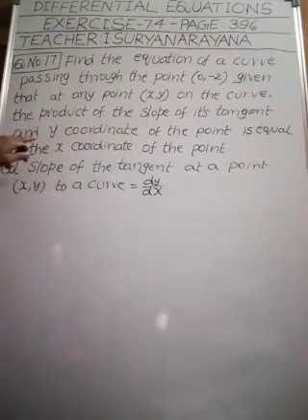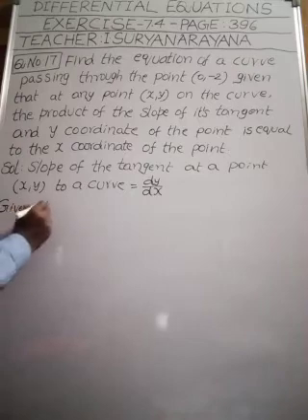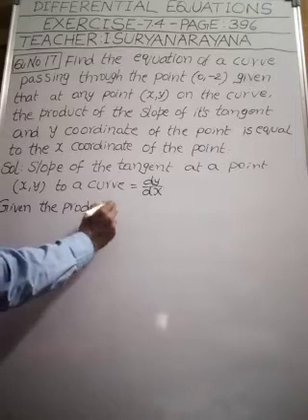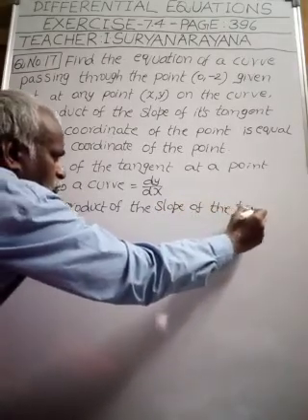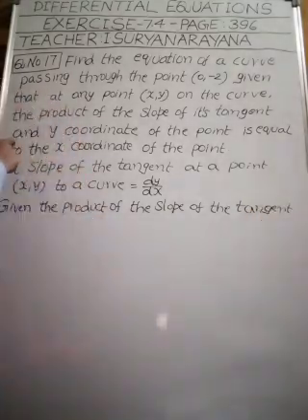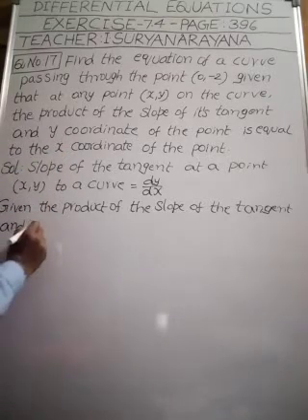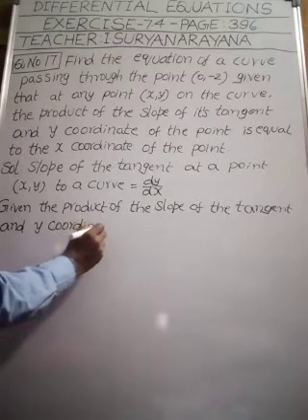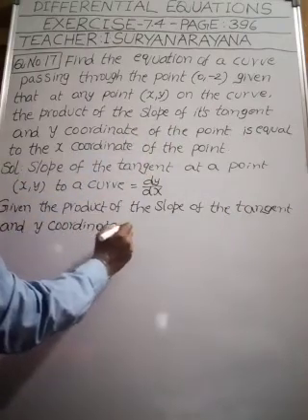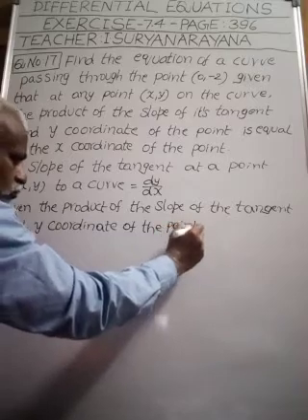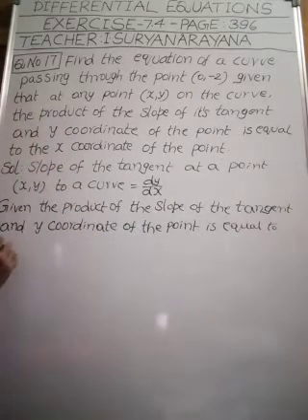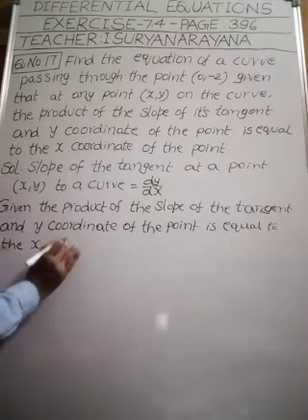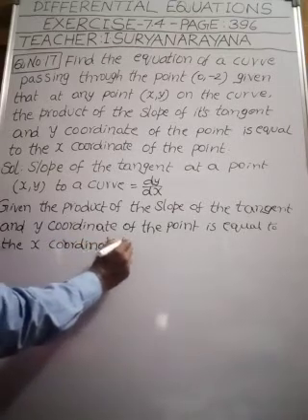The product of the slope of the tangent and y coordinate of the point is equal to the x coordinate of the point.